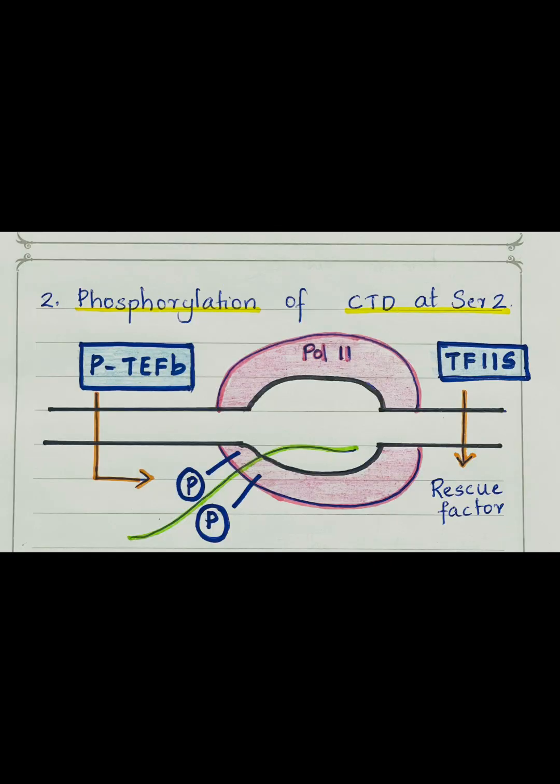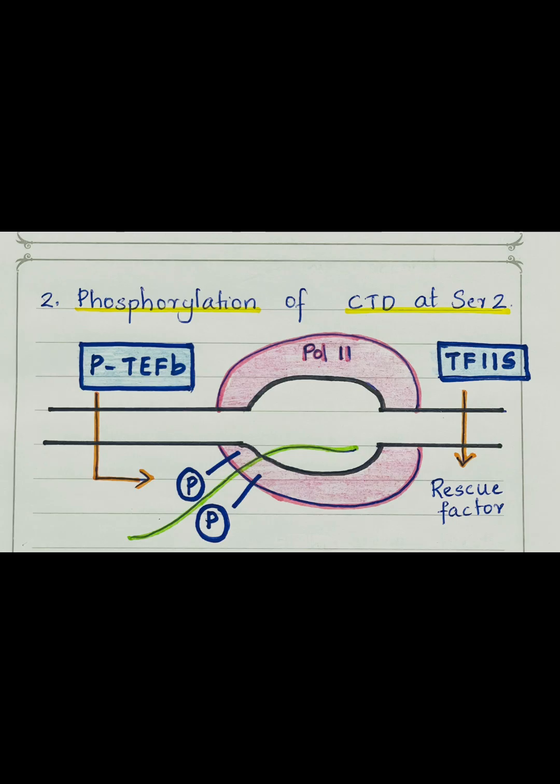If RNA polymerase II has to continue the elongation process, PTEFB is recruited. PTEFB stands for Positive Transcription Elongation Factor B. PTEFB phosphorylates serine 2 of the C-terminal domain. This phosphorylation recruits RNA processing factors for capping, splicing and polyadenylation.